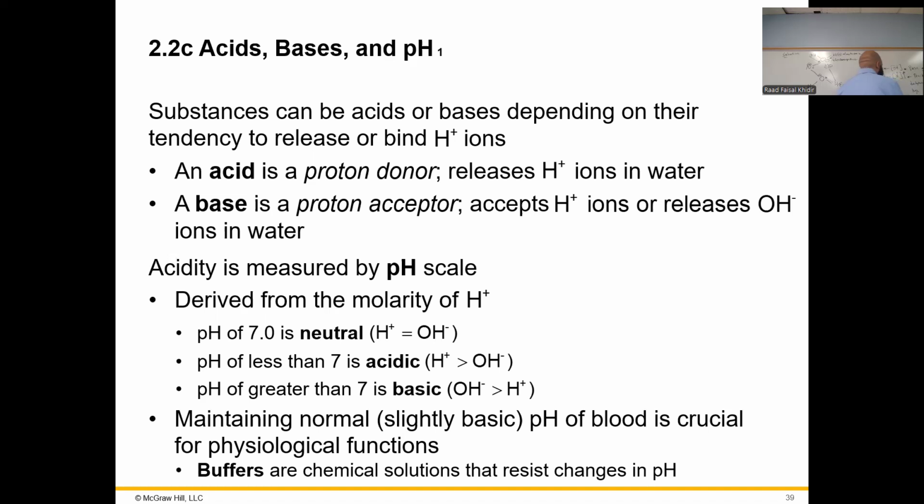But for homeostasis, we have a fixed range. The maximum is 7.45 and the minimum is 7.35. You need to know this one. You need to know the physiological homeostatic range for pH, between 7.35 and 7.45.